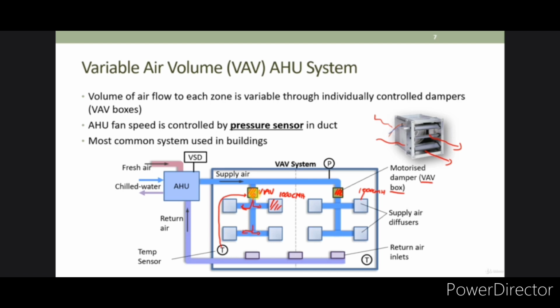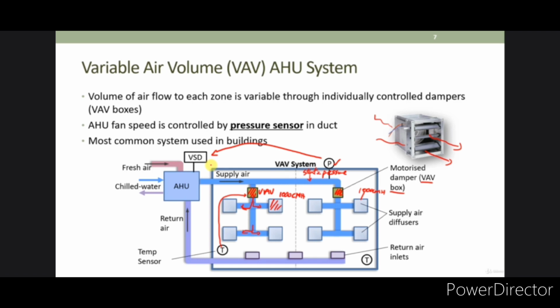What if all the VAV boxes start to close? Maybe during the evening when the load is low, then the pressure sensor will pick this up, because the static pressure inside the duct will start to increase because of more closing of the VAV. And when static pressure starts to increase, it will ask the variable speed drive to ramp down the fan speed.